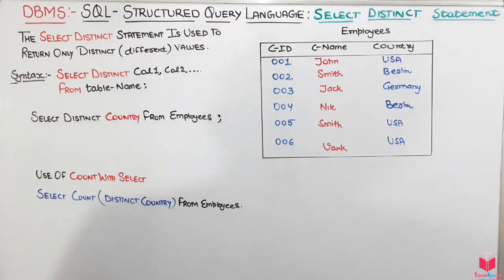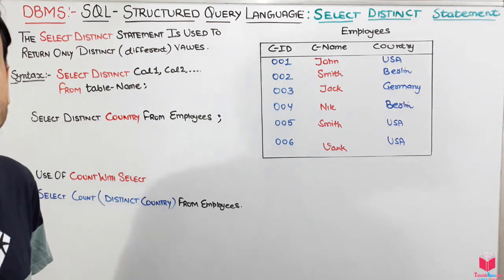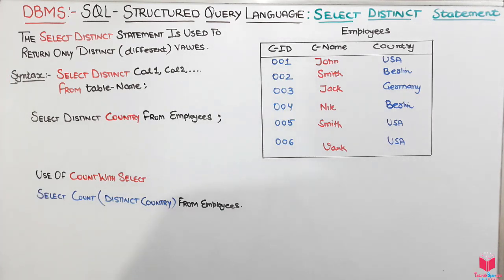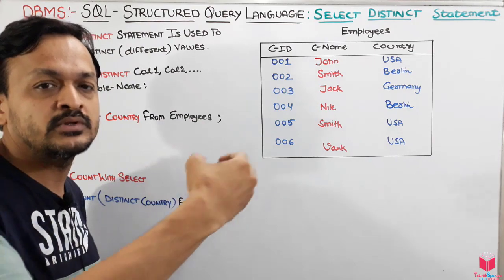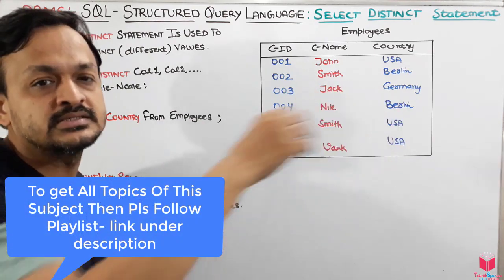The select distinct statement is used to return only distinct, different values. Suppose, according to the previous video, we have a table and we select this country attribute from this table.